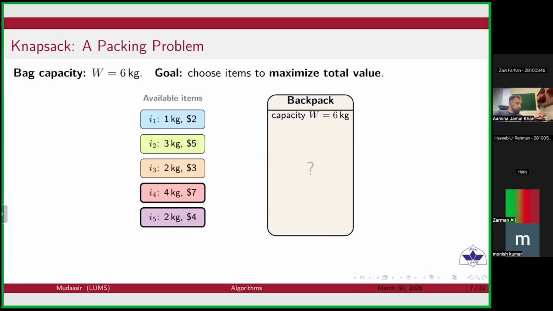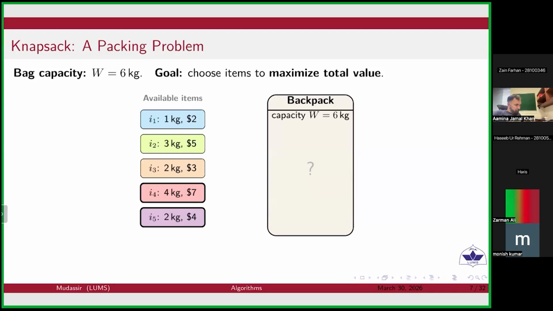All right, so in this particular case, if you remember when we were designing the greedy algorithm, we said that we should pick the item with the highest value over weight ratio, right? That's what we did last time, and it didn't work.